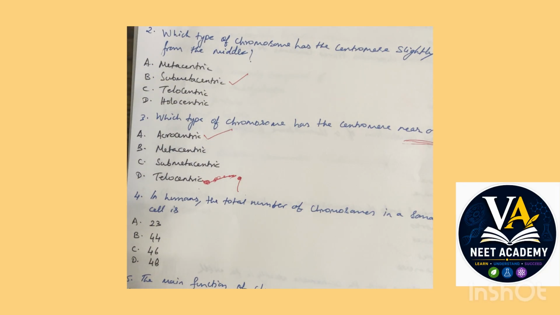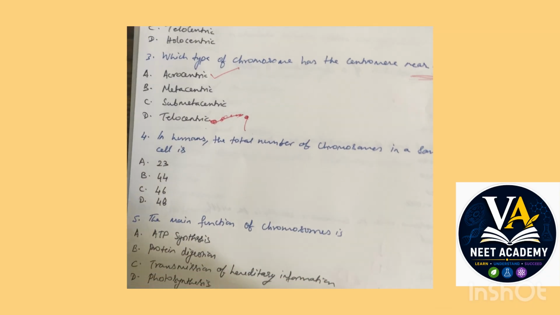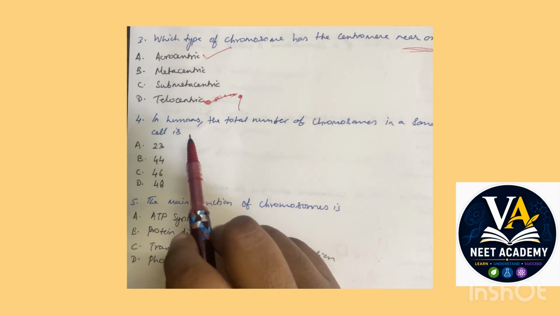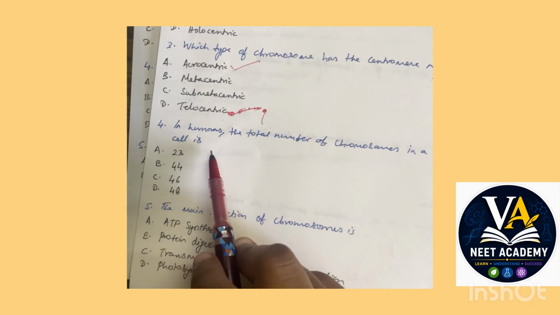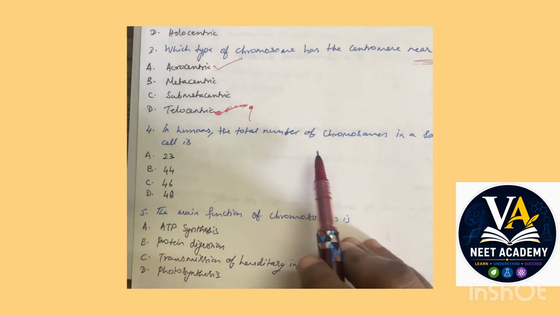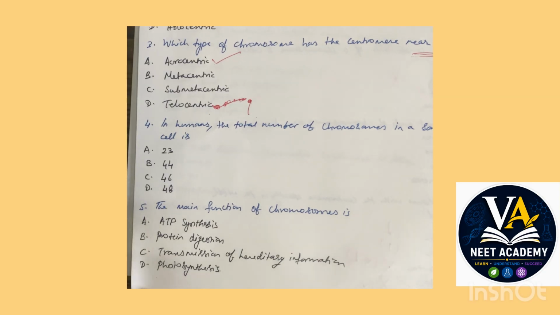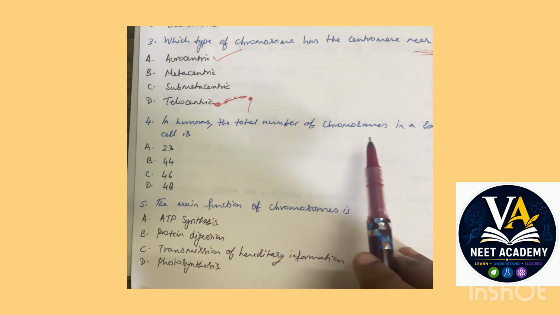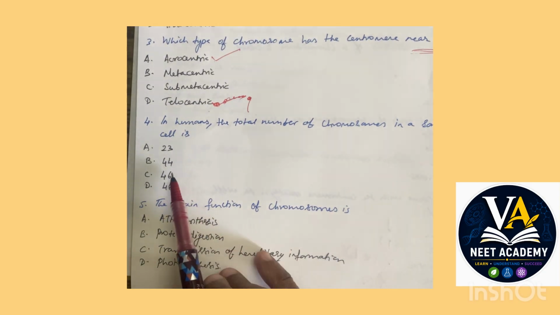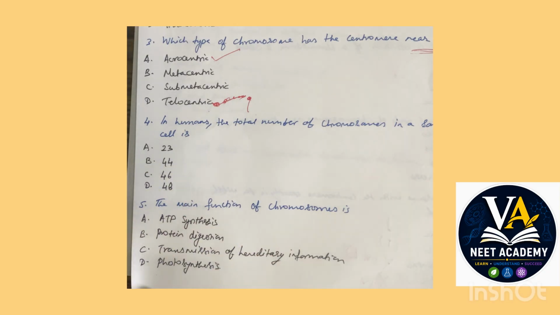So, next question. In humans, the total number of chromosomes in a somatic cell is 23, 44, 46 or 48. What is the right answer?